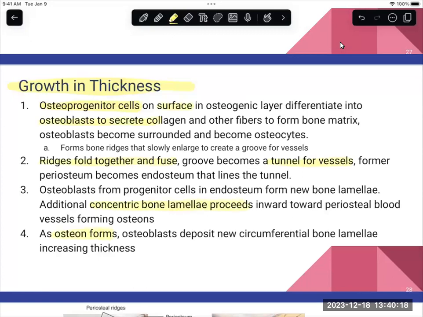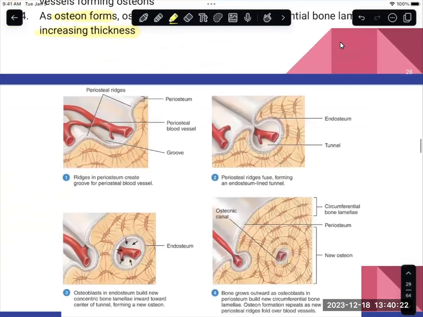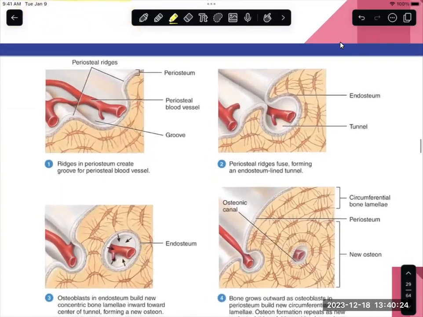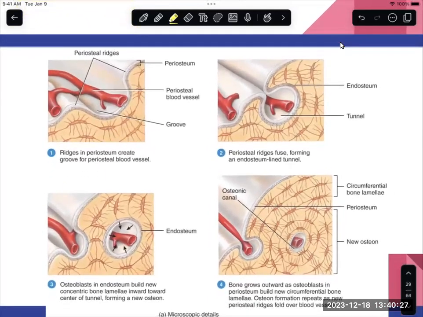We're going to form new osteons as we increase that thickness. So here's an example. We get these periosteal ridges that are coming in right here. They're folding in on each other. So they're starting new lamellae that are going to form new osteon as that bone grows thicker.